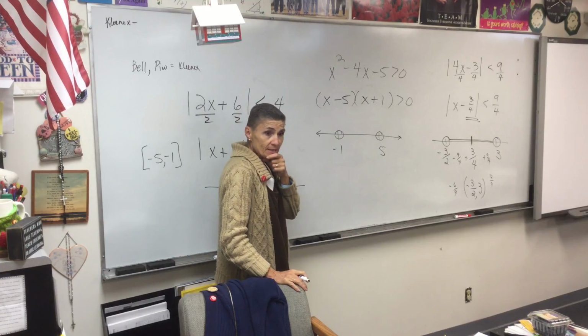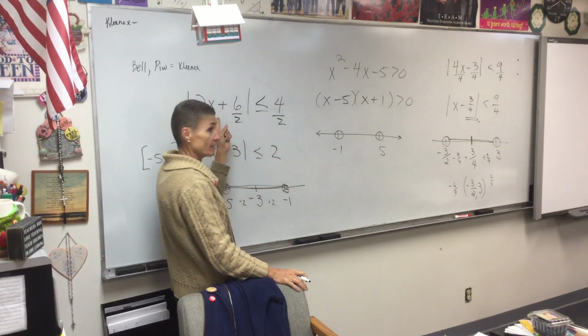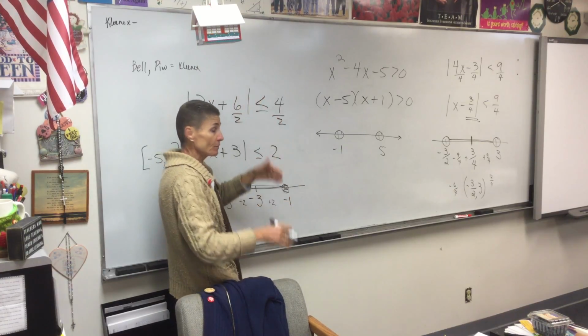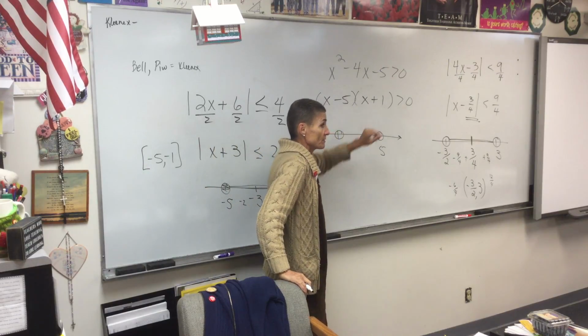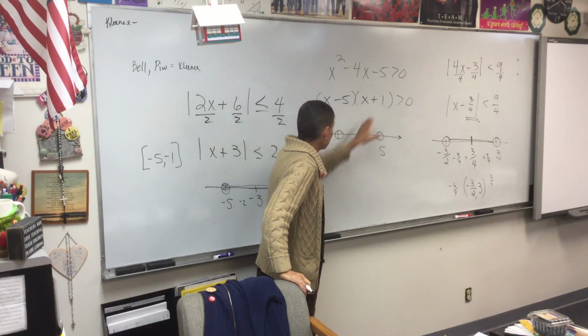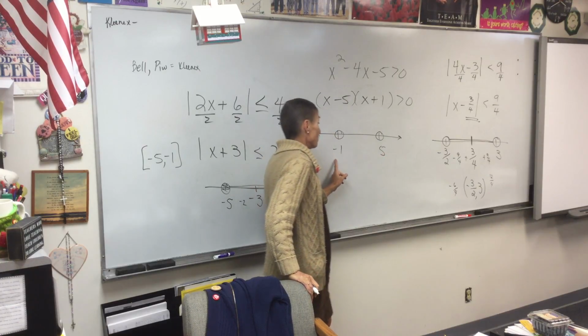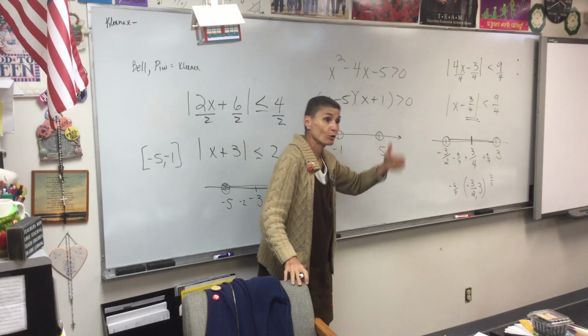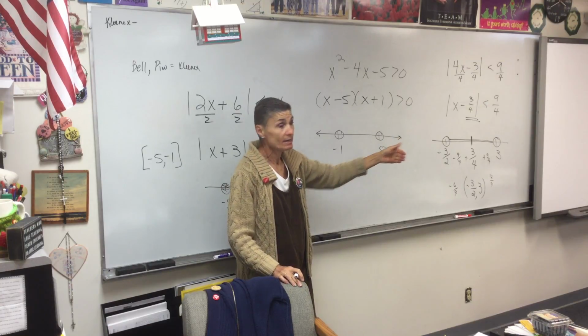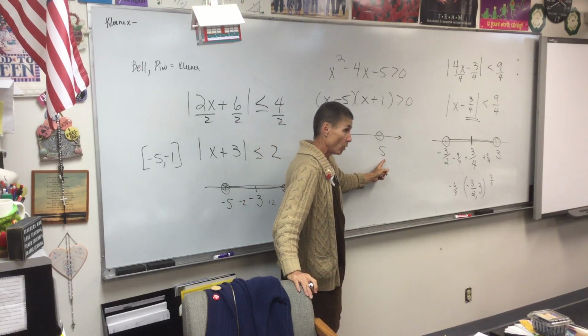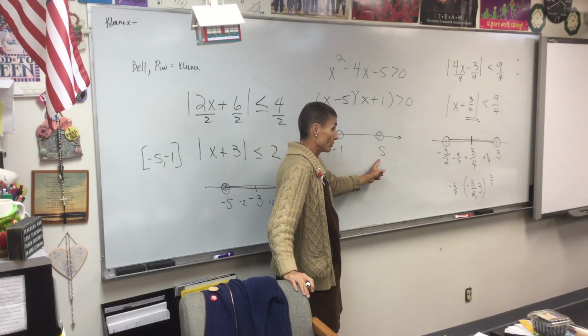The opposite, just like we put the opposite of the absolute value, we do the opposite of these parentheses. So -1 and 5. Now, notice I put them on the line in the order they would come on the line, right? Don't be putting 5, -1, that will screw up your answer. You have to put them on there in order.